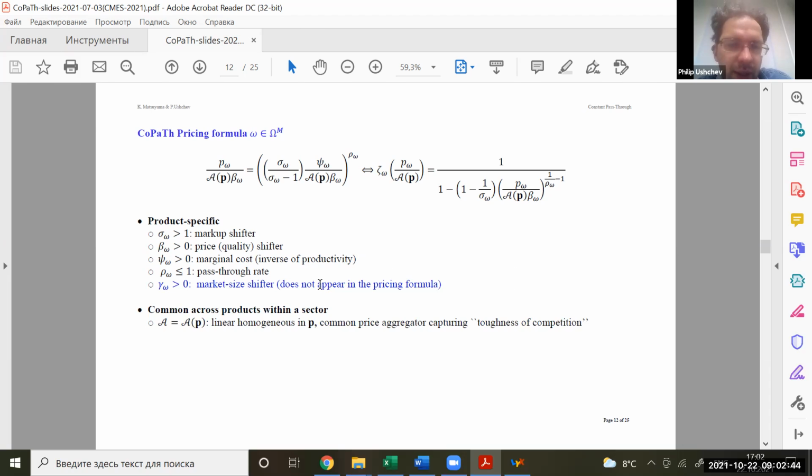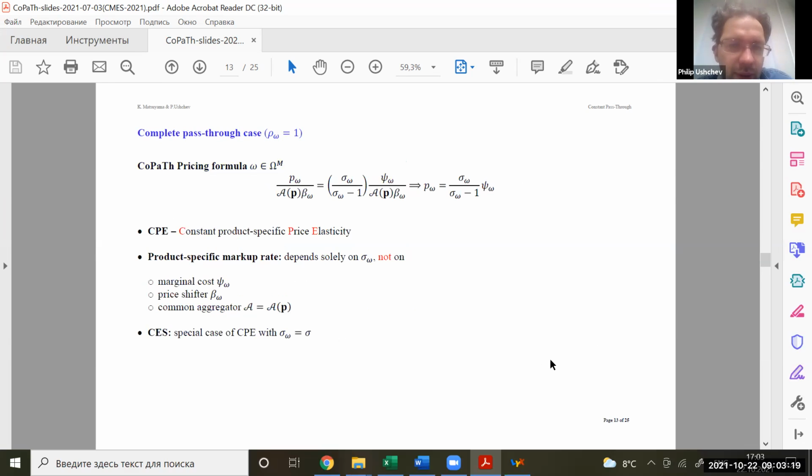And one other source of heterogeneity, which is not in the pricing formula but still shows up later, is the market size shifter, gamma omega. And we also have this element which is common across products within the sector, the price aggregator, linear homogeneous in prices. The role of this price aggregator is that it captures the toughness of competition in the industry or in the sector.